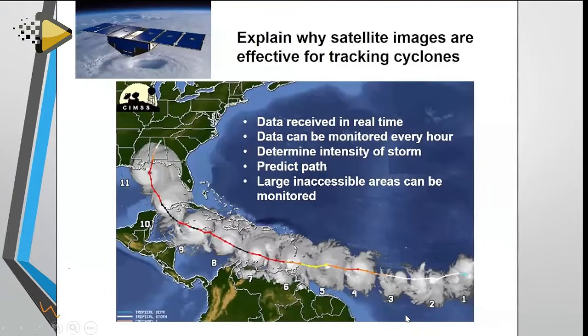One way of monitoring the cyclones is through satellite tracking. It is through using the satellite to track it, and this process is what we call remote sensing.